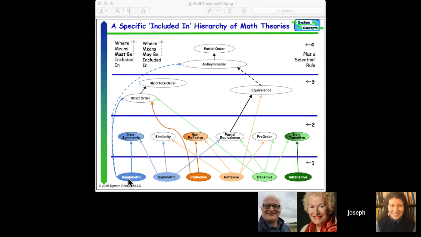And so we could have an asymmetric organizing relationship, where all of the objects had an asymmetric relationship. Or we could have a relationship that said we have all of these objects and they all have a symmetric relationship. Or we could have a relationship that says it's non-symmetric, meaning some of these objects have an asymmetric relationship and some of them are symmetric.